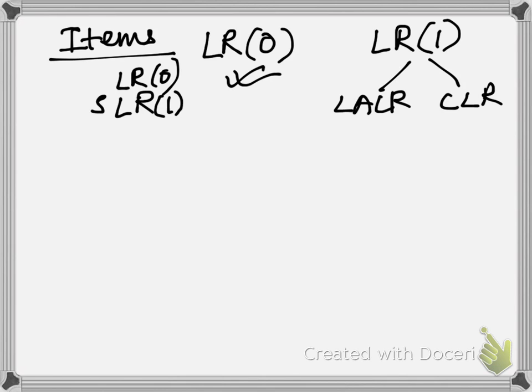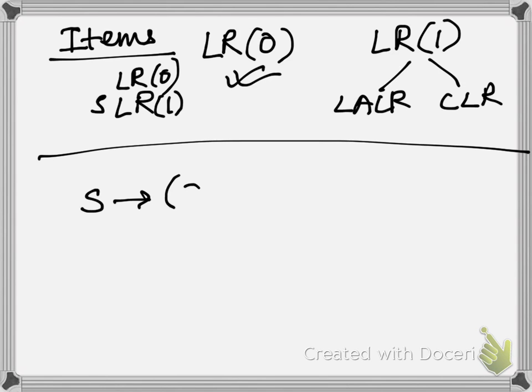But before that, let me tell you that given a grammar, suppose you have to perform parsing on it, you have to perform an augmentation of the grammar. Say I have a grammar like this, with parenthesis followed by S followed by epsilon.